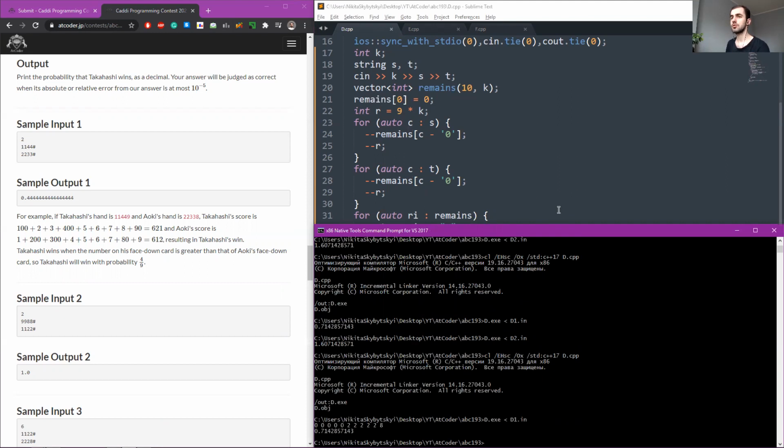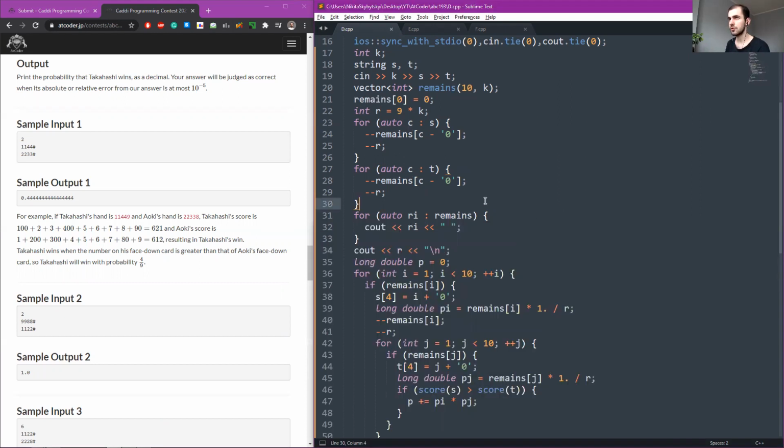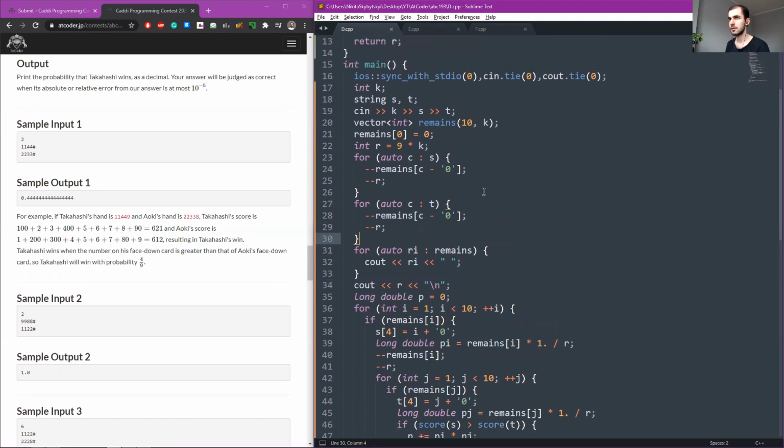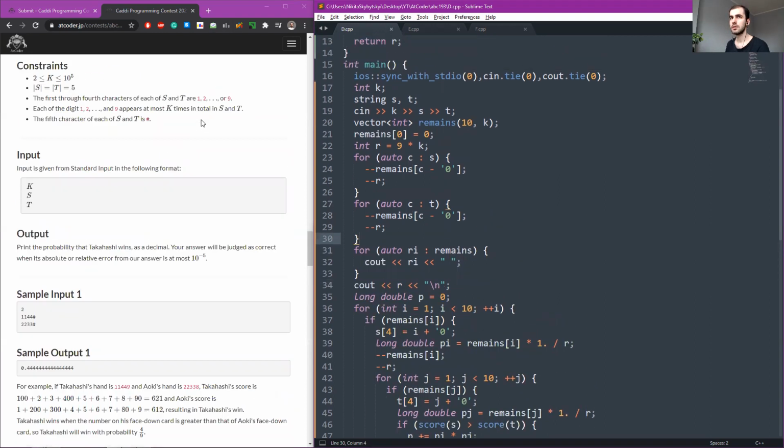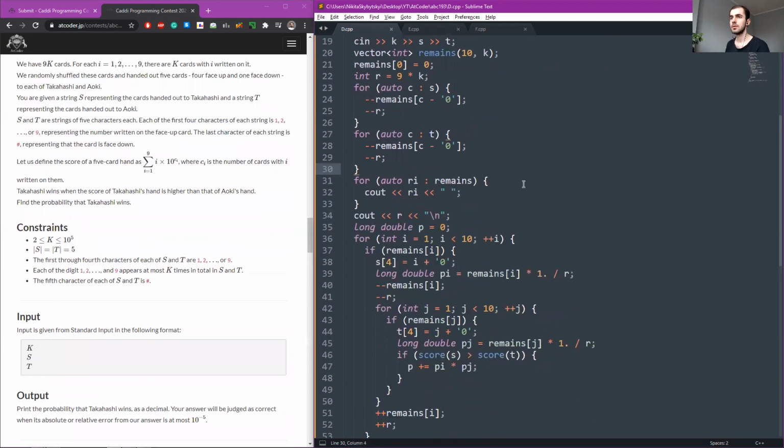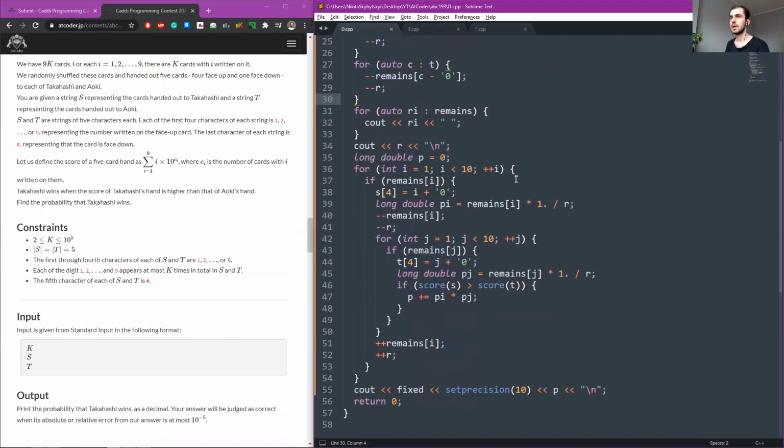So we have 2, 2, 2, 2, 2. Wait a sec. 1, 2, 3, 4, 5 2s, and then 8. Why do we have it again?